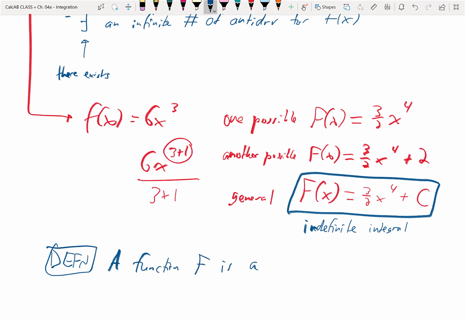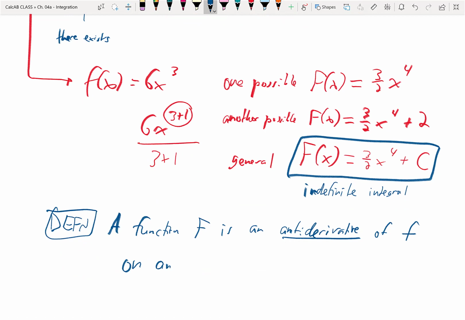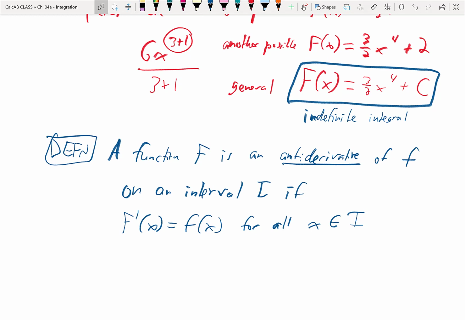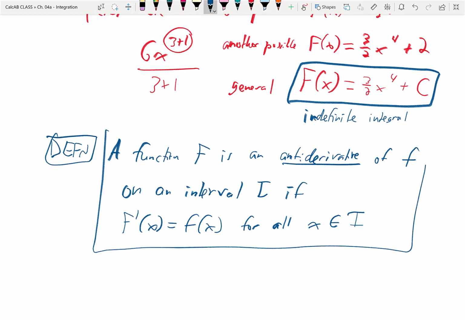A function F is an antiderivative of little f on an interval I if F prime of x is equal to f of x for all x in that interval. That's just formalizing our definition of this.